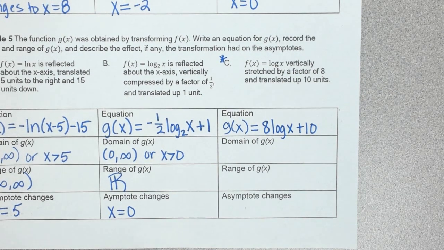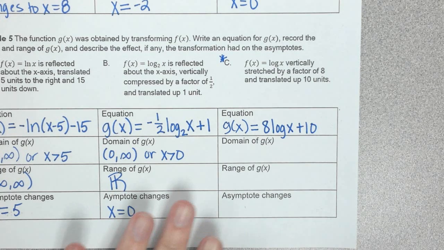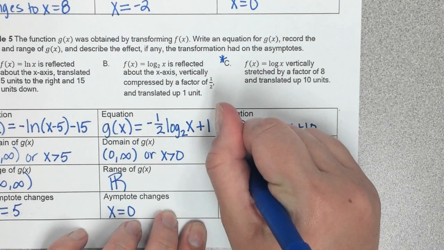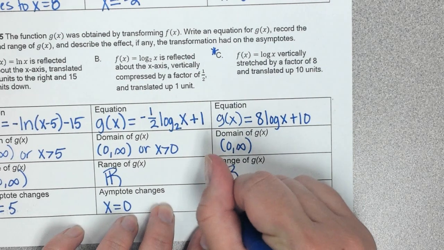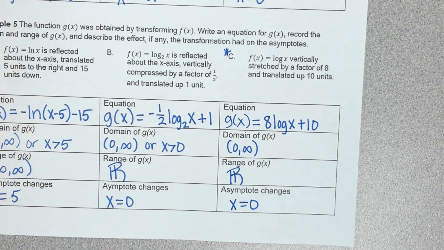And since this one doesn't have an H or a left-right at all, then that just means our domain doesn't change. Range, of course, doesn't change, and neither does the asymptote. Still x equals 0. Okay? Can I answer any questions? Pretty good? Okay. So we're going to put this in our notebook.